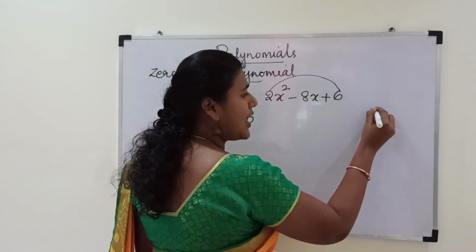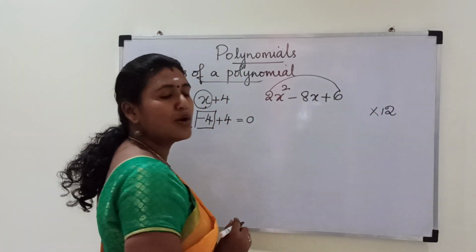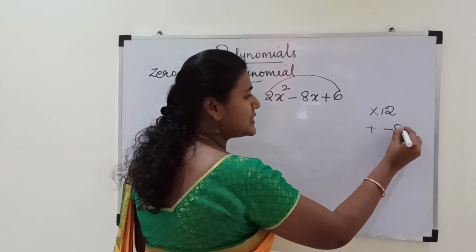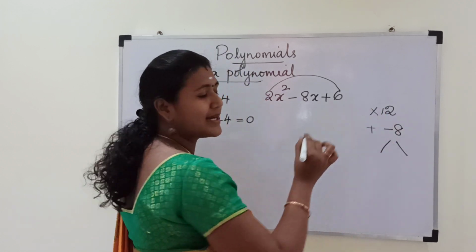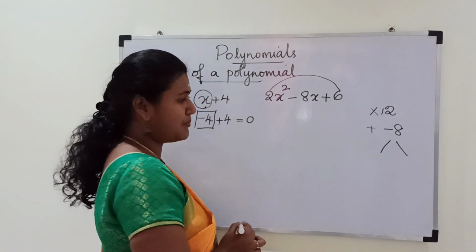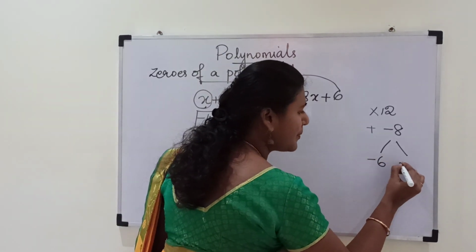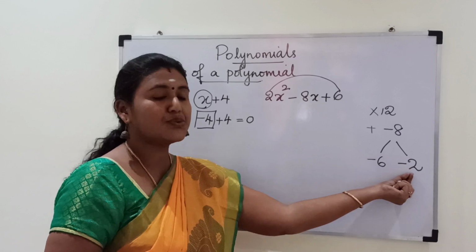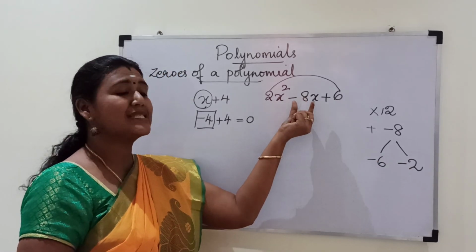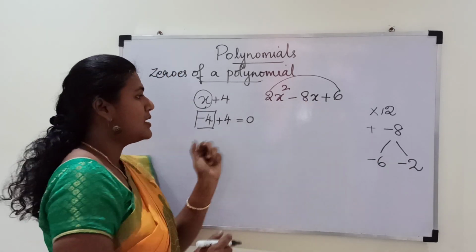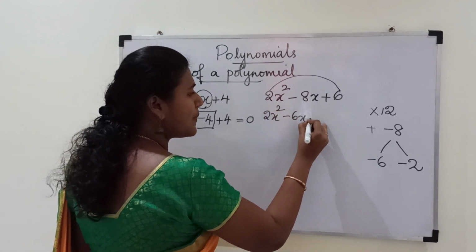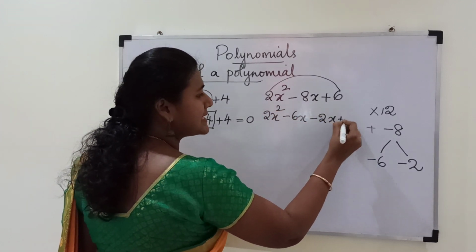Product is 12. You have to find two numbers whose product is 12 and sum is minus 8. What are the numbers whose product is 12 and sum is minus 8? So the numbers are minus 6 and minus 2. Using these two numbers, we are going to split the middle term. So 2x square minus 6x minus 2x plus 6.